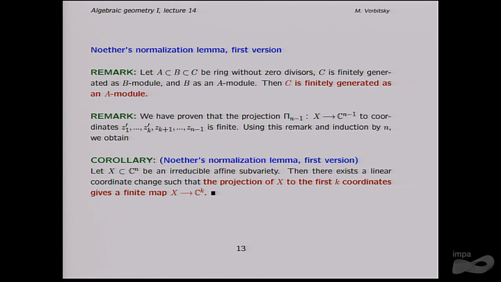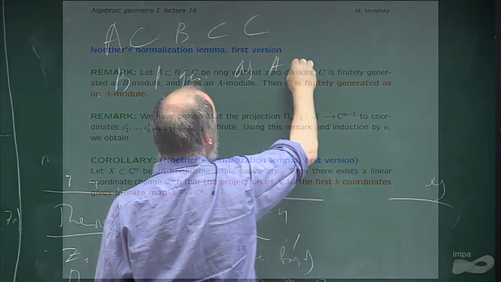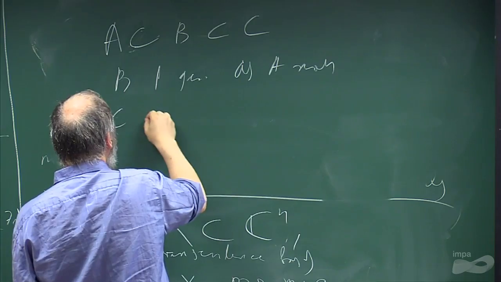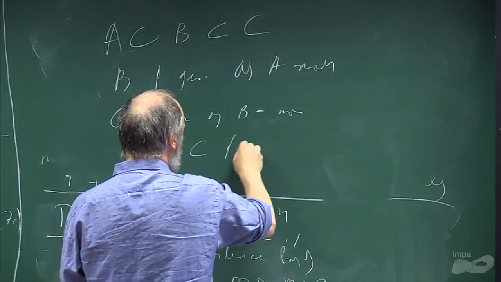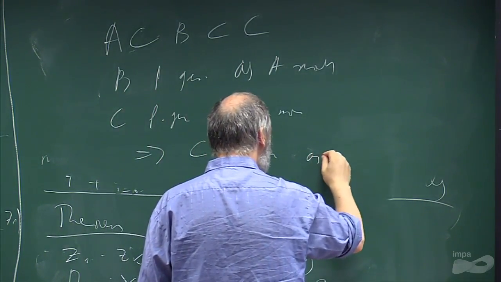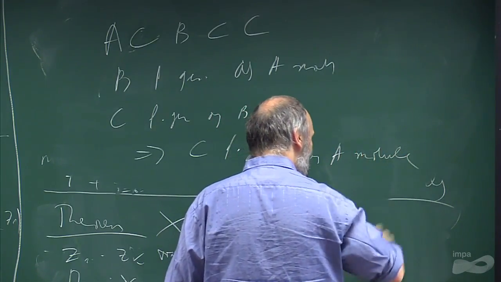But first, let me give you a trivial observation, which we have had a million times now: if you have three rings, A contained in B, contained in C, and B is finitely generated as an A-module, and C is finitely generated as a B-module, then C is finitely generated as an A-module.